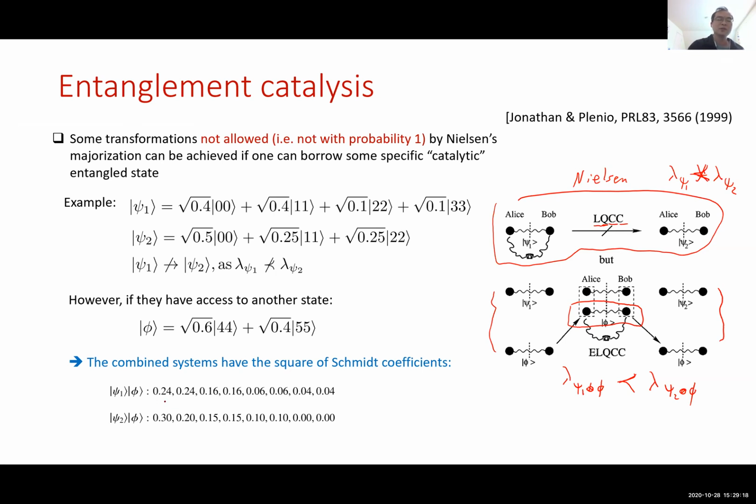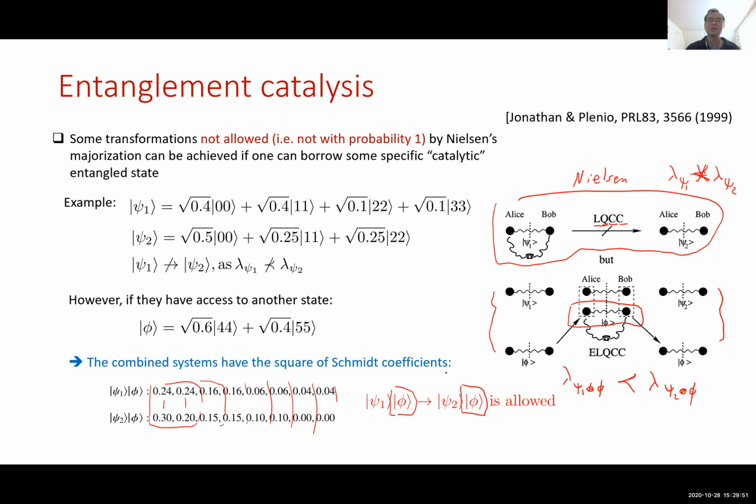So you can compare: this is less than that, if you add this, 0.48 still less than 0.5, and you continue to add and check whether the majorization is satisfied, and indeed this is the case. So using Nielsen's criteria, this transformation is allowed, right? And you see that this state, phi, stays the same.